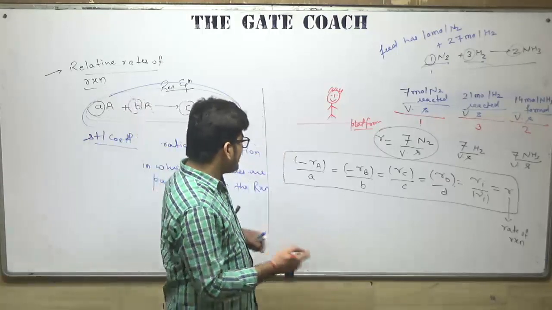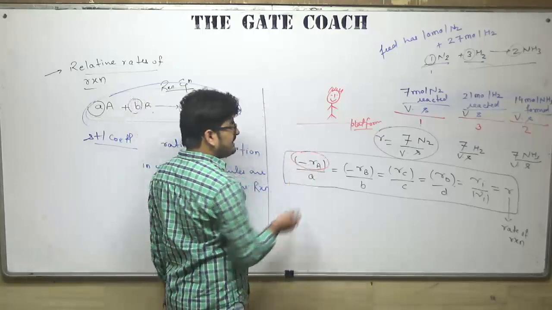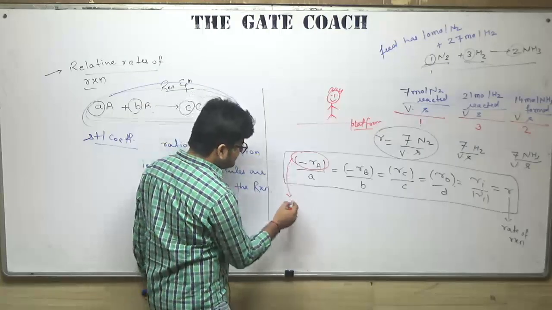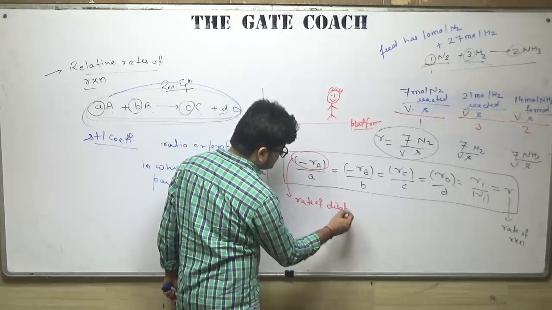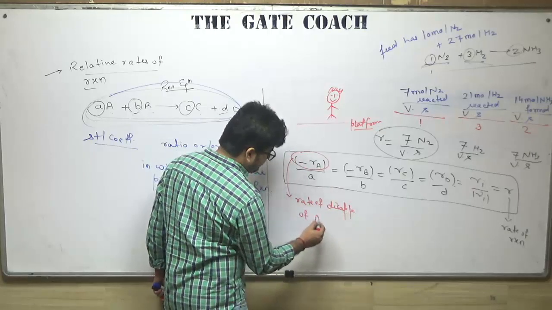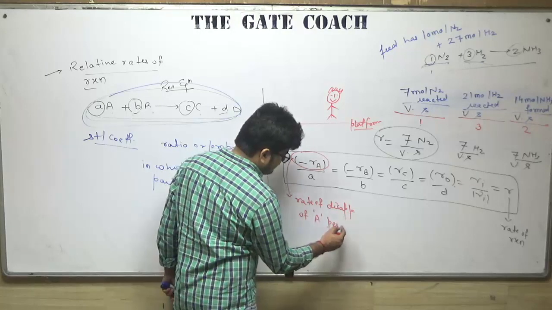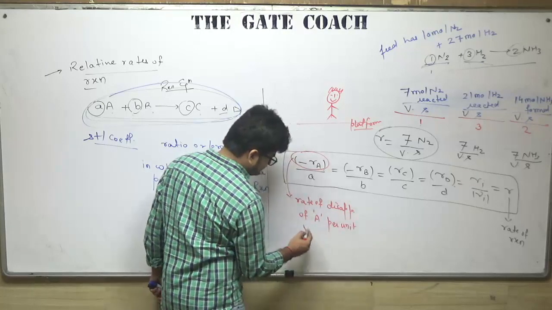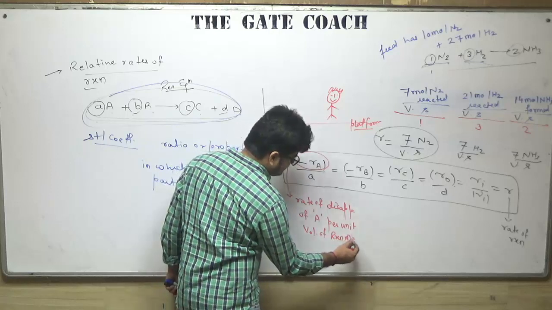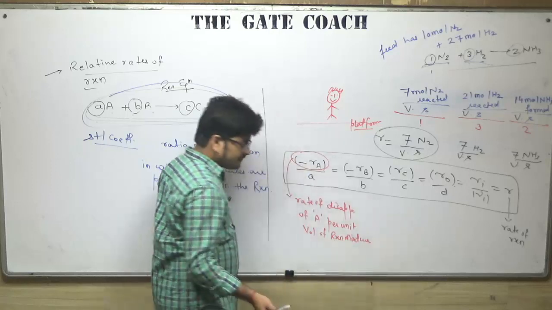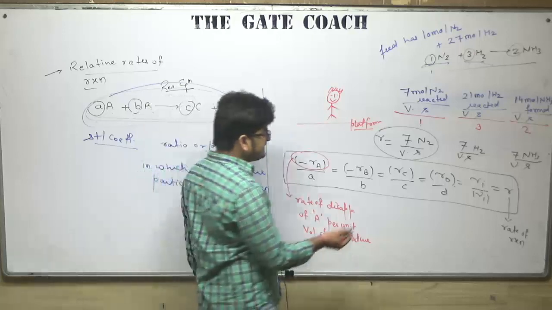Okay. So what does minus Ra mean? Minus Ra means rate of disappearance of A per unit volume of reaction mixture. What is Rc?